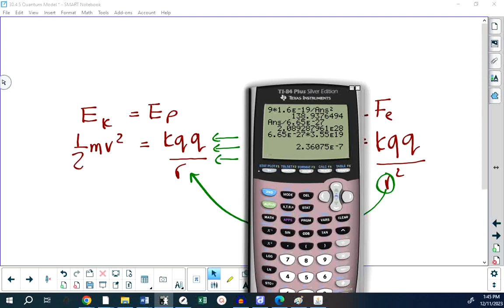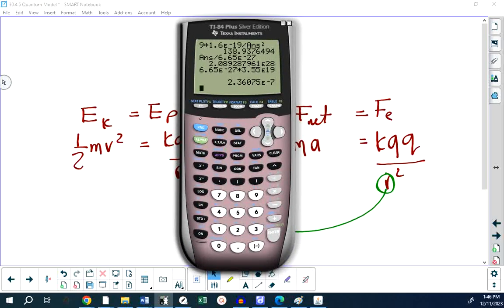Which means I need to take kqq and divide by this number to get r squared, and then I can take the square root. 8.99 times 10 to the 9 times the charge of an alpha particle times the charge of a gold nucleus, kqq divided by that force.